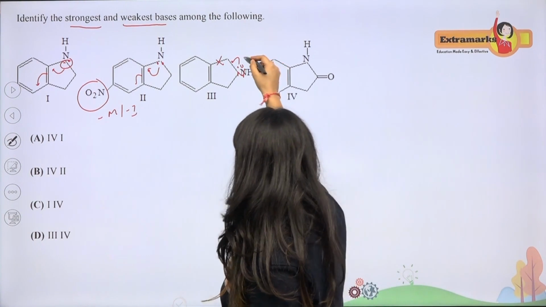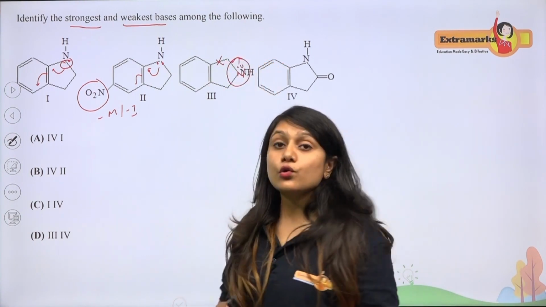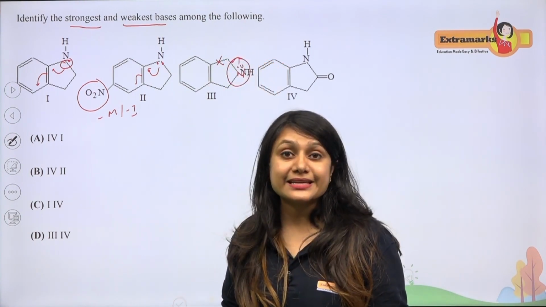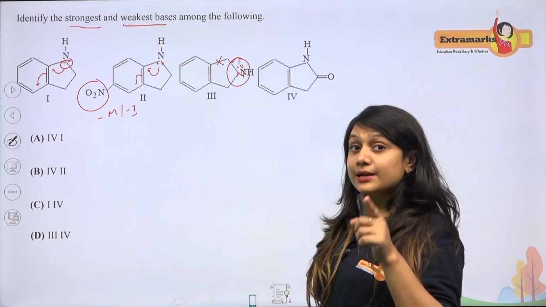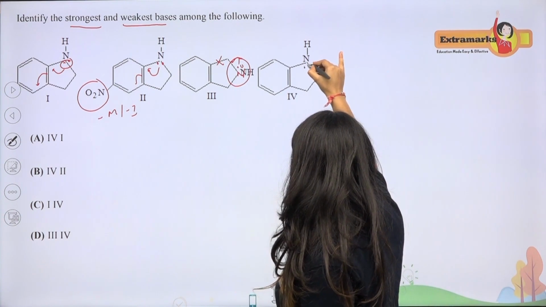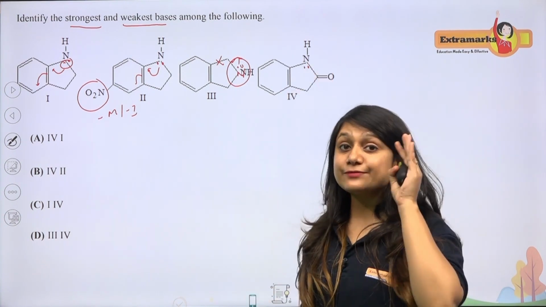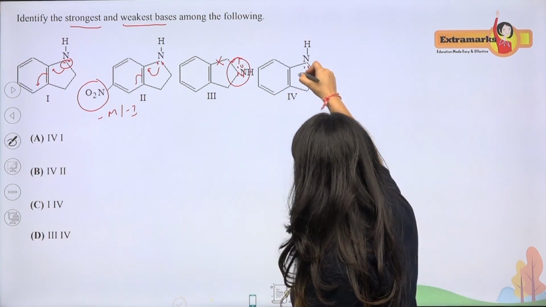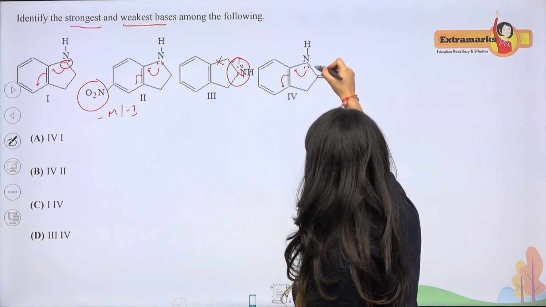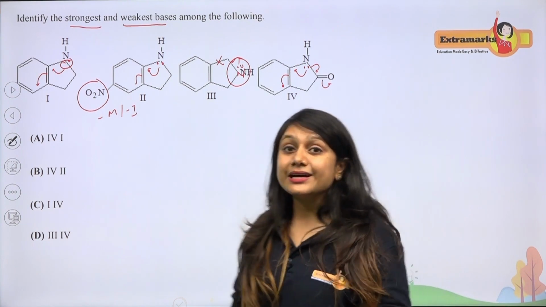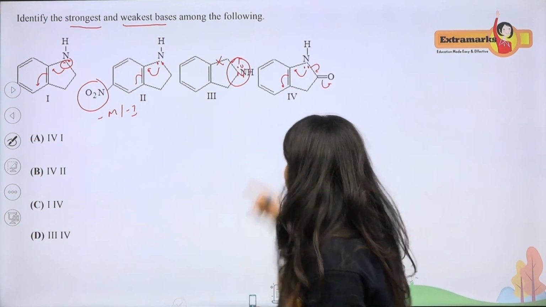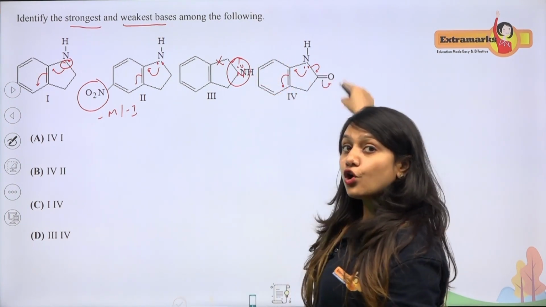Coming to another example, please focus. Here the lone pair can participate in resonance in the ring as well as along the C=O bond. So there is two-way resonance, in the ring as well as along the CO bond.